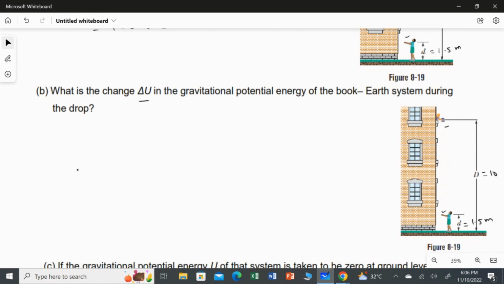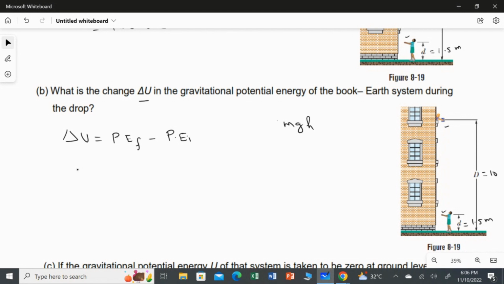So now if you want to find the change in potential energy, which is exactly equal to potential energy final minus potential energy initial, and we already know the potential energy formula is mgh, right? So now I'm going to apply this rule. Which one is the initial value?